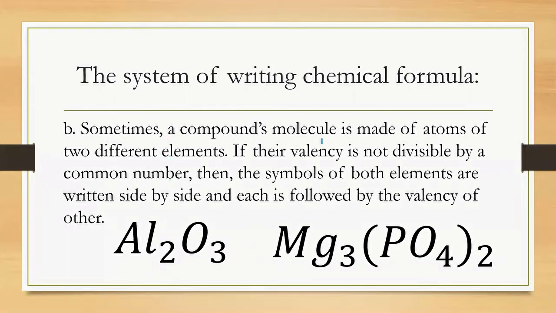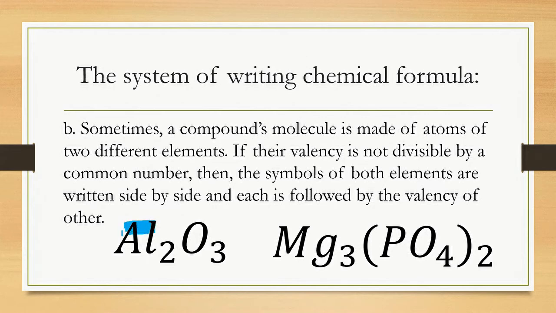Sometimes a compound's molecule is made of atoms of two different elements. If their valency is not divisible by a common number, then the symbols of both elements are written. For example, in aluminium oxide, there are two elements.